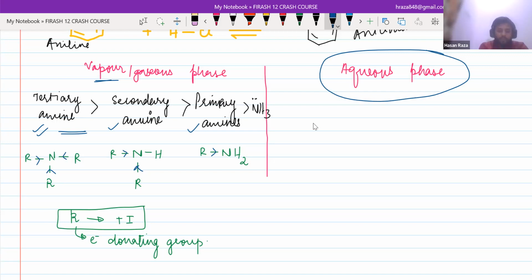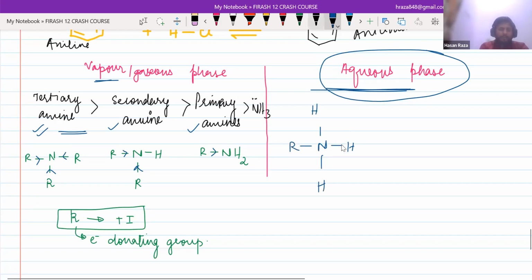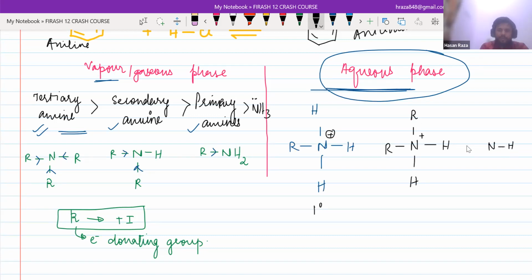Before starting this aqueous phase, I would like to write this. This is your primary. And since nitrogen is making 4 bonds, it will have positive charge. This is 1 degree. Then comes your secondary, that means basically your positive charge. And then comes your tertiary.